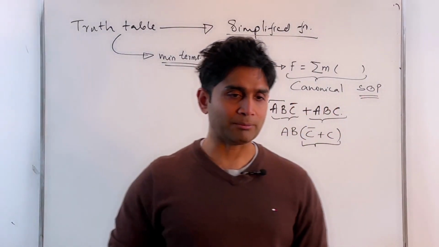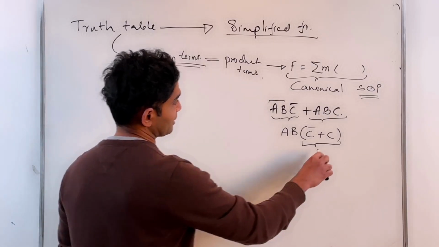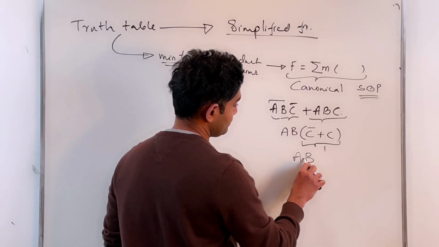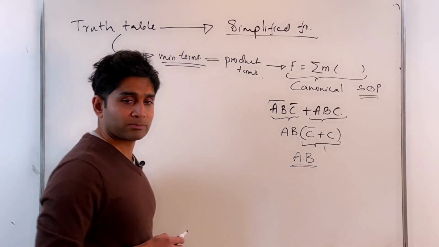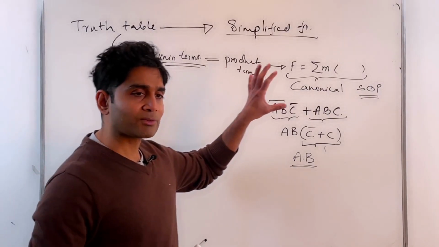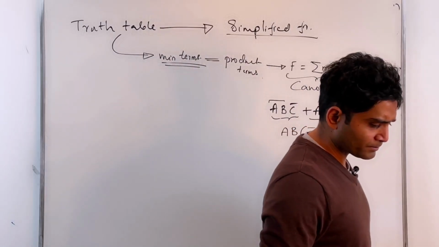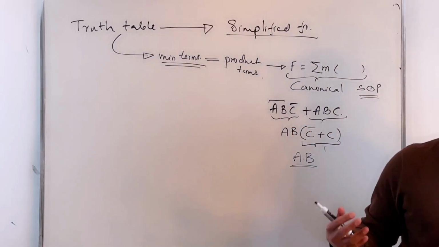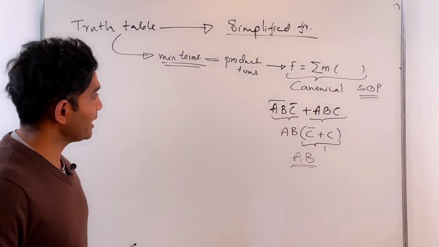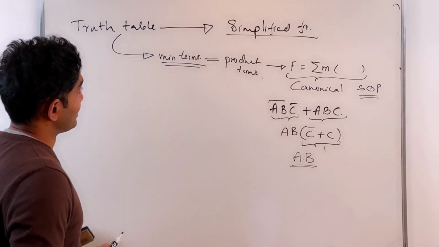C plus C prime or X plus X prime is always 1. So that goes to 1, which leaves me with A and B as a simplified term, right? So going from the canonical sum of products expression, I'll be using this identity most of the time to simplify my function. Okay, and this is exactly what we have done in the last class.